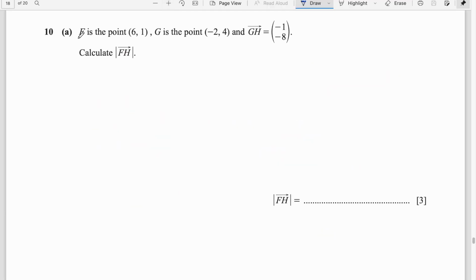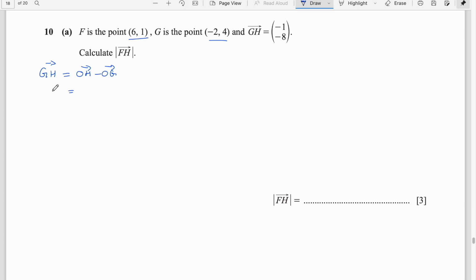Number 10. F is the point (6, 1), G is the point (-2, 4), and GH vector is given as (-1, -8). Calculate FH. So for FH, let's use this GH first. GH is OH minus OG.